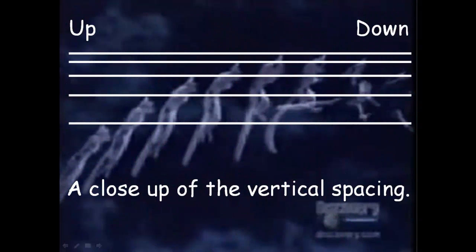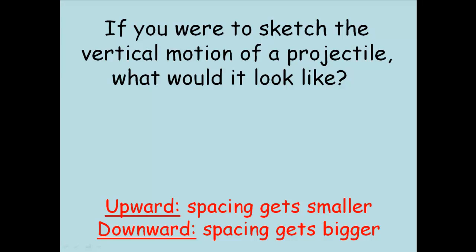That same picture can be looked at vertically. On the left side, he's going up. On the right side, he's going down. Notice the spacing. Looks like an accelerated object. So vertically, the bush baby is accelerating. So notice what's going on. Upward spacing is getting smaller. Downward spacing is getting bigger.